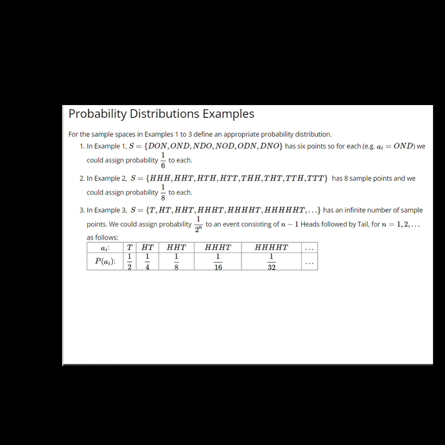In general, we could assign probability 1/2 to the power n to any event which consists of n-1 heads followed by 1 tail. And indeed, if we add all of these probabilities together, 1/2 plus 1/4 plus 1/8 plus 1/16, and so on, the sum is equal to 1.